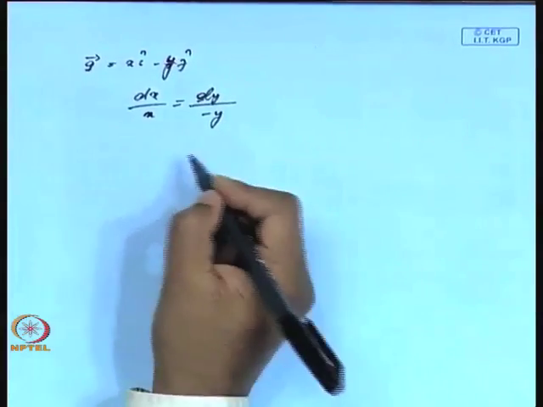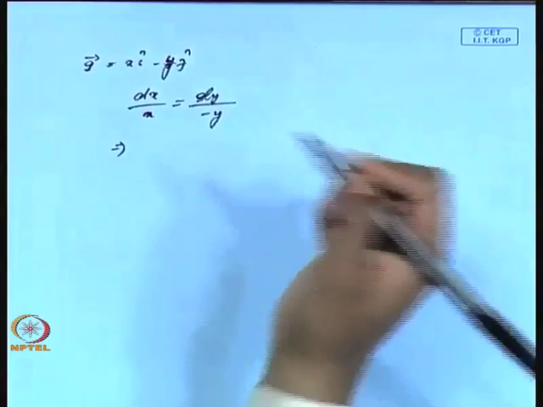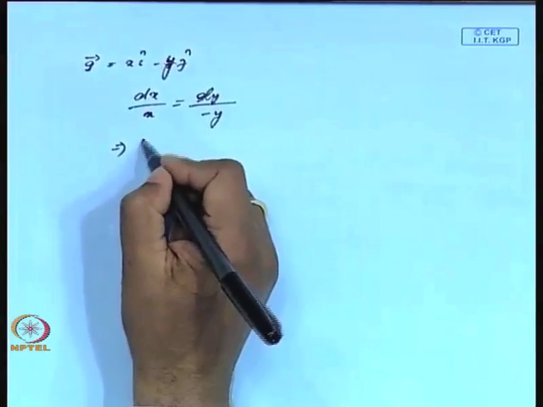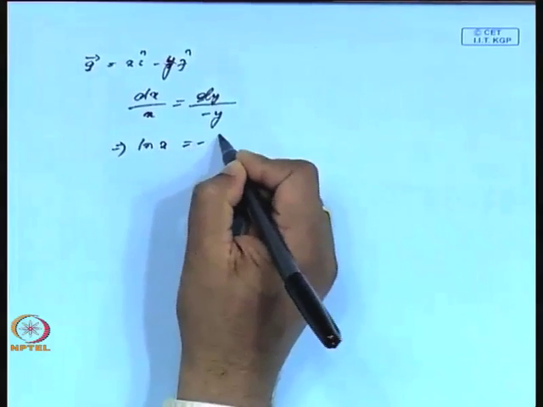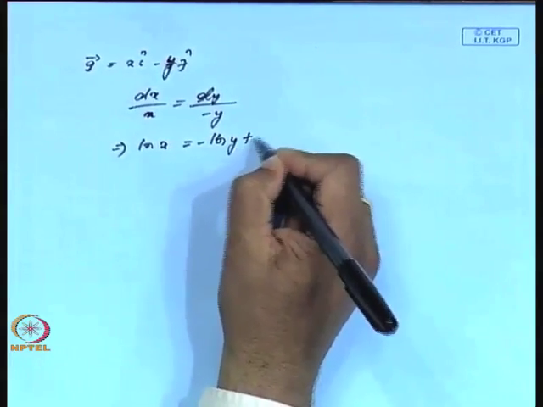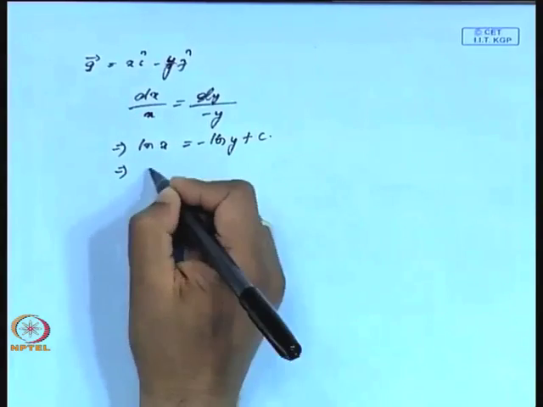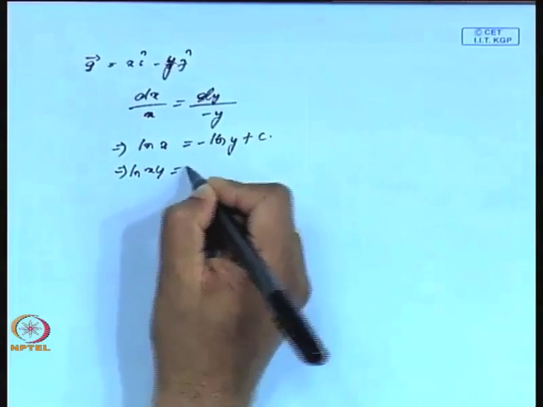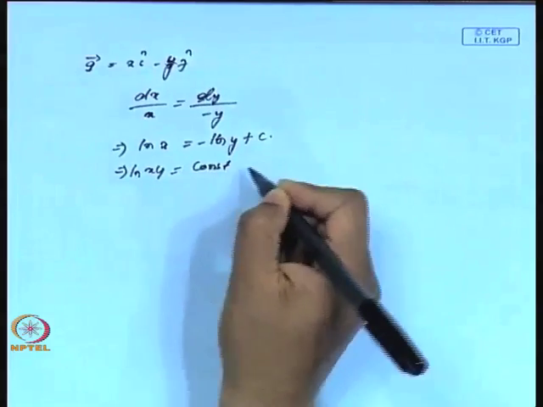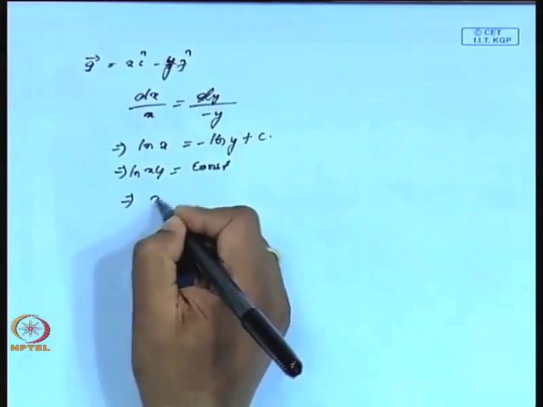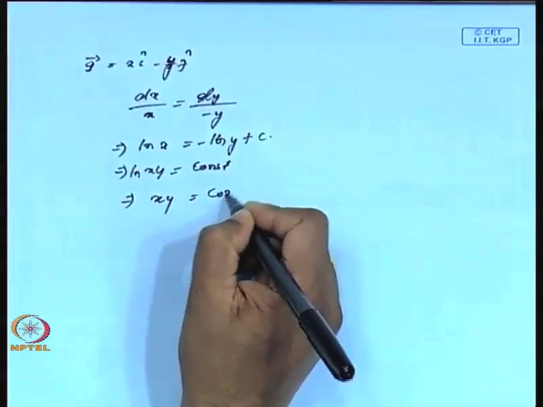Integrating, this gives ln x equals minus ln y plus a constant, which gives ln xy equal to constant, and which gives xy equal to constant.